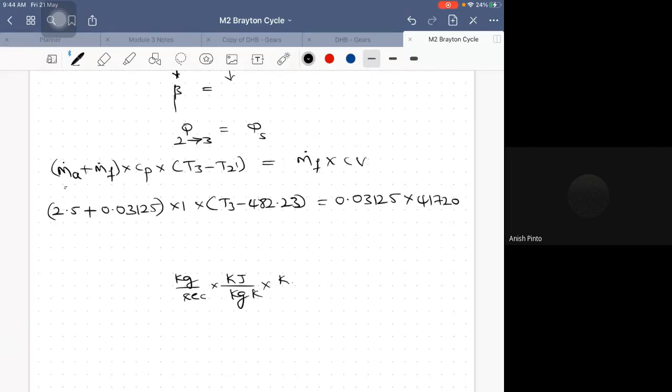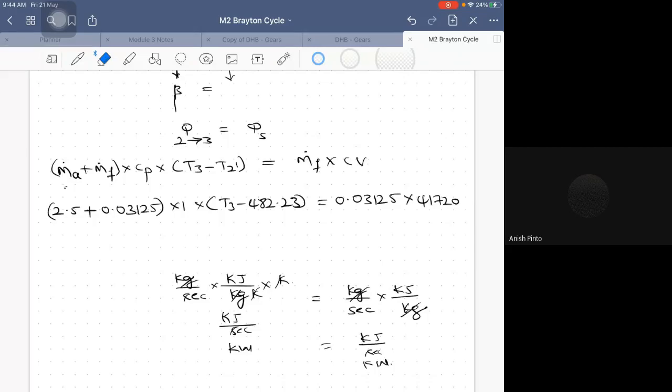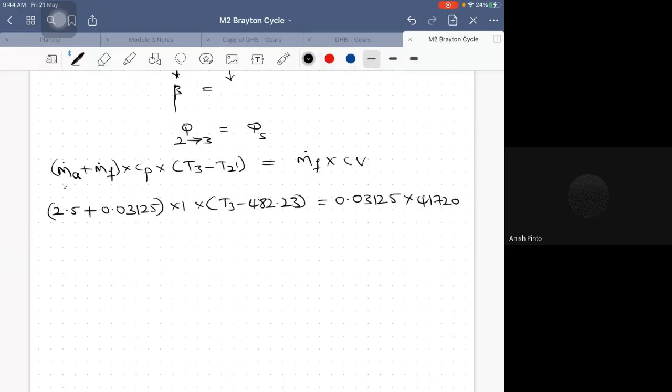Kelvin cancels, kg cancels, so it is kilojoules per second, which is kilowatt on the LHS. On the right, mF dot is in kg per second and CV in kilojoules per kg, so kg cancels and it is again kilojoules per second, kilowatt. Both units match, so whatever value you get should be right. What is the value of T3 from this? 997.29.